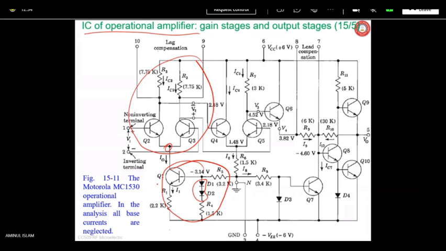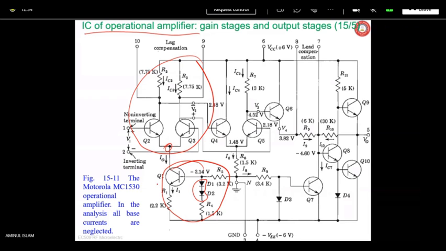So hie will be almost equal to RB'E equals hfe by gm, and gm is defined as mod of IC divided by VT, where VT is 26 millivolt at 300 K or room temperature.